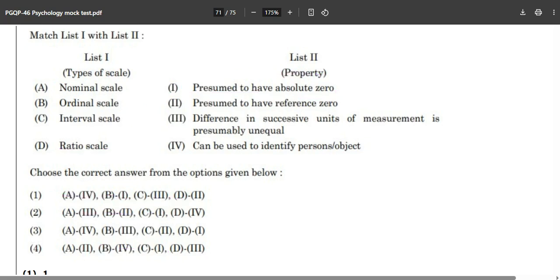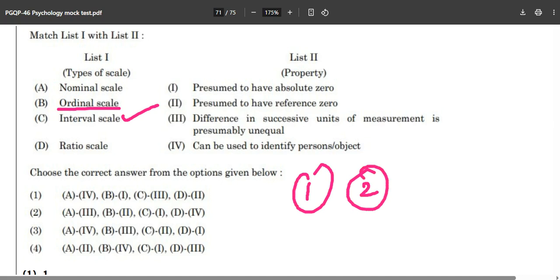Now in the interval scale you will have reference zero. In the ordinal scale, the difference in successive units of measurement is presumably unequal. You cannot tell the differences between first rank, second rank, third rank.